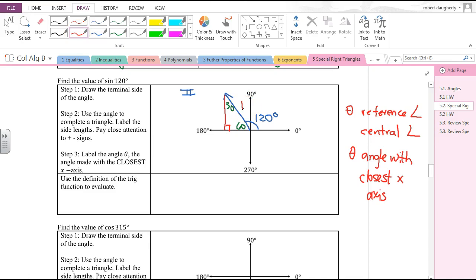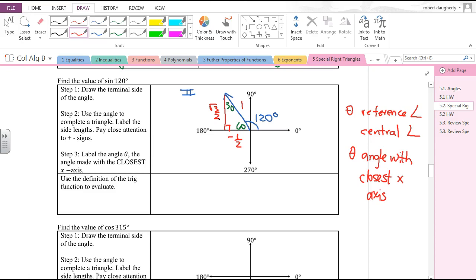With a 30-60, the side that's opposite 30 is what? 1/2, okay? Now, to get from this point over to here, in x, did I travel in a negative direction or a positive direction? To get from here to here, I traveled in a negative direction for x, okay? This side here is the square root of 3 over 2, okay?